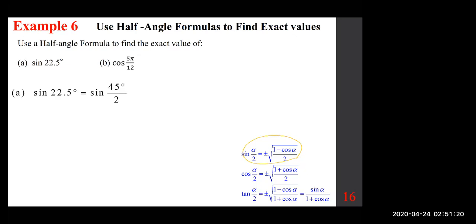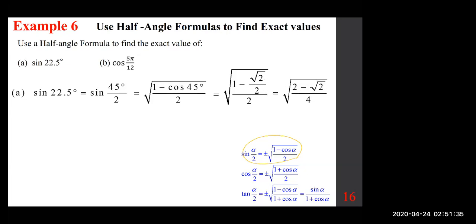Everything is positive. Okay, so 1 minus cosine of 45 degrees, which is square root of 2 over 2. If you multiply the top and the bottom by 2, you get 2 minus square root of 2 over 4. The 4 comes out, and this is your answer.